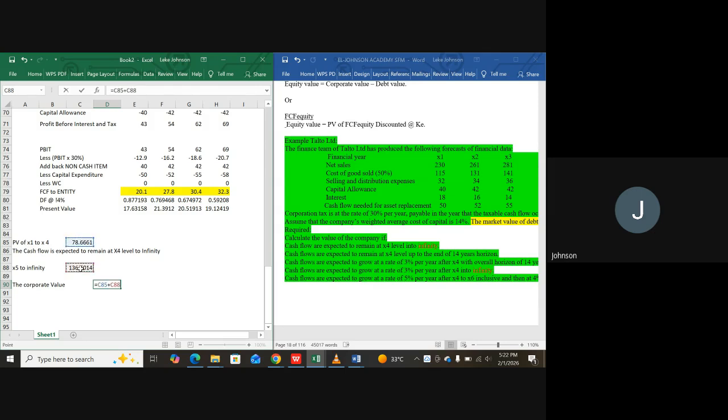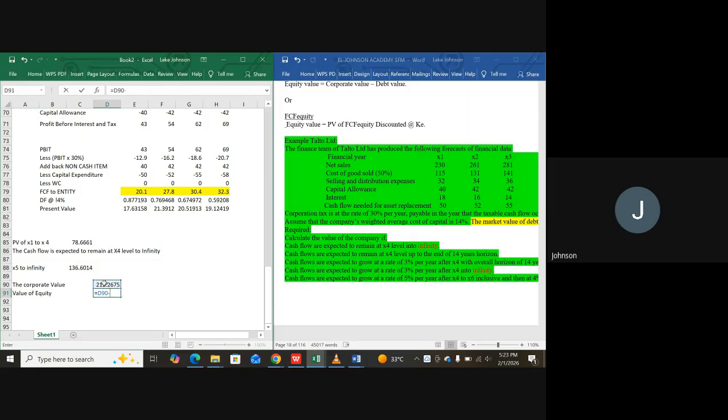That's the corporate value, okay? We put on enter. Then to now get the value of equity alone, we now say equal to this our corporate value, right? We now minus the debt value that they gave us in the question.